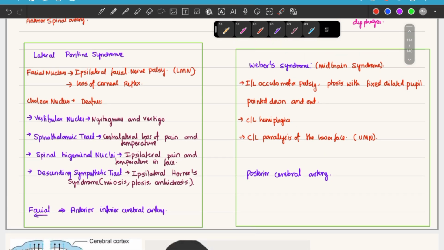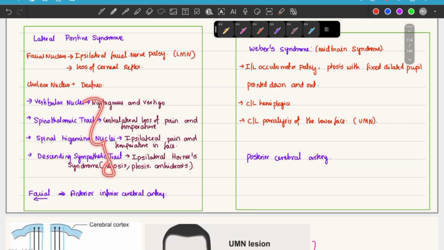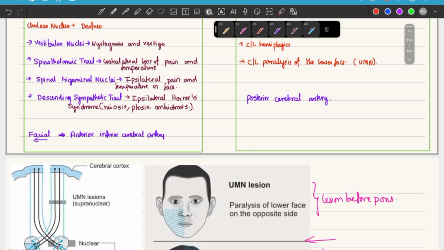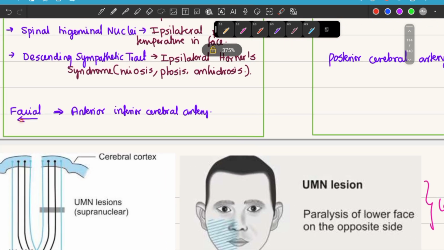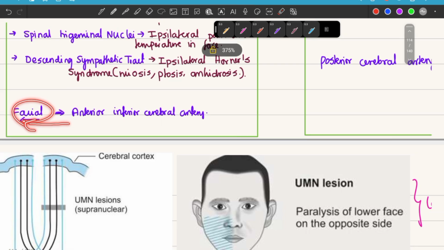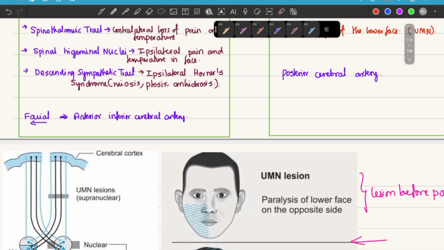Okay, and everything is same like the medulla only. And here you can remember when facial comes, that is ipsilateral facial nerve palsy, that is lower motor neuron lesion. You can remember facial, whereas AICA, you can write it in reverse, you will get the anterior inferior cerebellar artery.